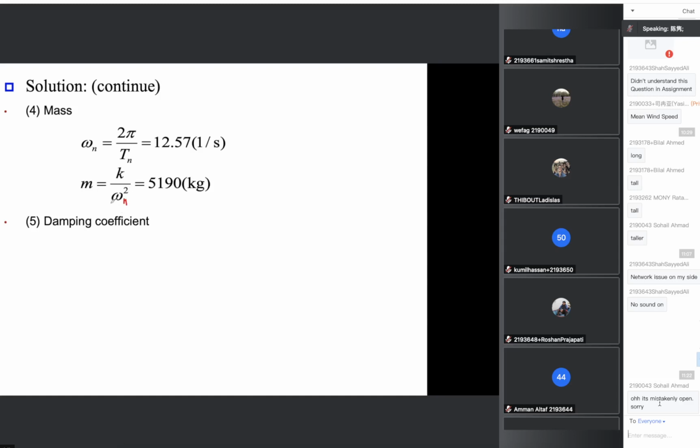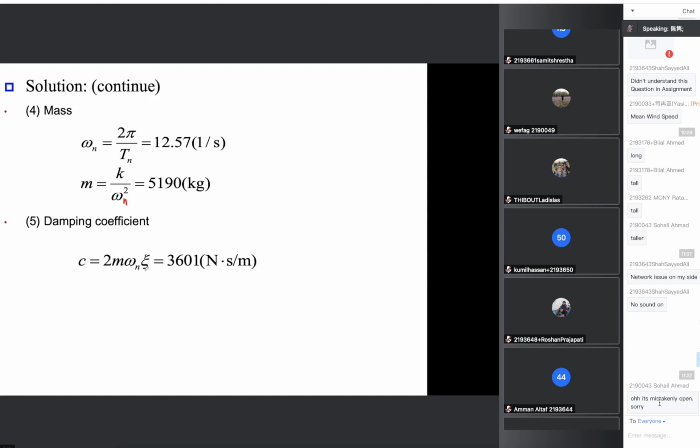You can try this. They are very close, but they are not the same. So this is what we discussed, and then you can get the mass.